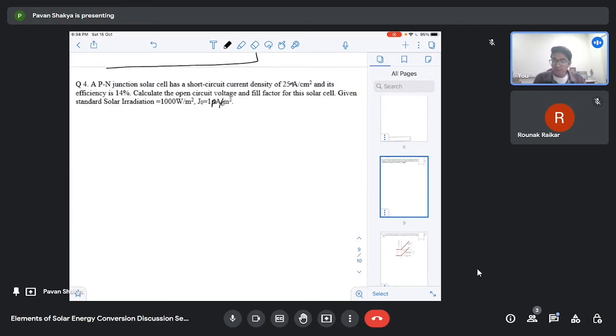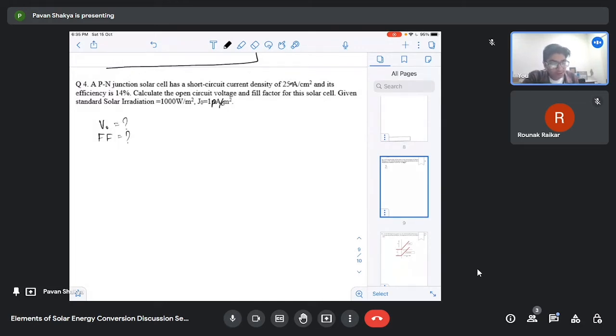So in the next problem, it has been given that a PN junction solar cell has a short circuit current density of 25 milliampere per centimeter square, and its efficiency is given. Calculate the open circuit voltage, that is V naught, and the fill factor we have to calculate.